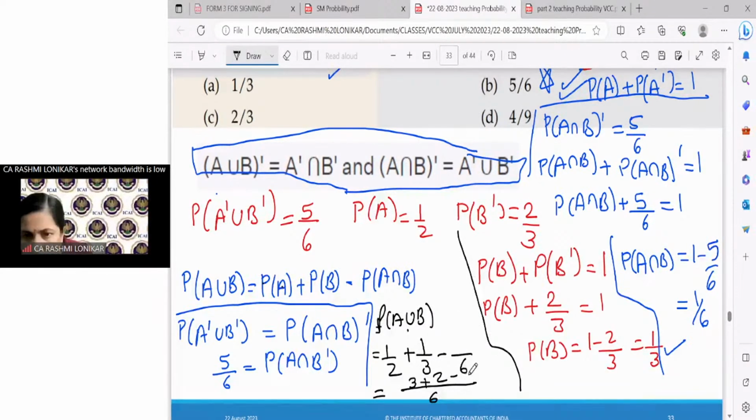Taking 6 by 6, you have 3 plus 2 minus 1, so 5 minus 1. This is 4 by 6, which is simplified to 2 by 3. So the answer is 2 by 3.